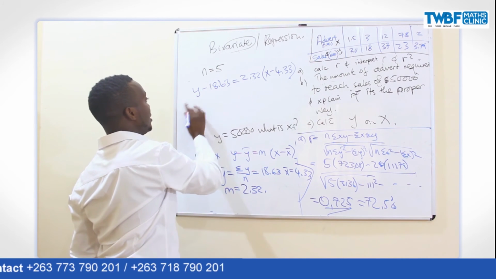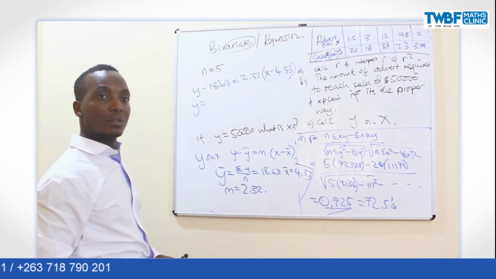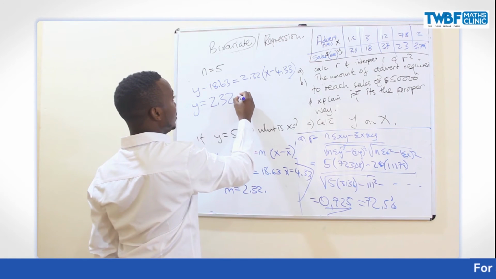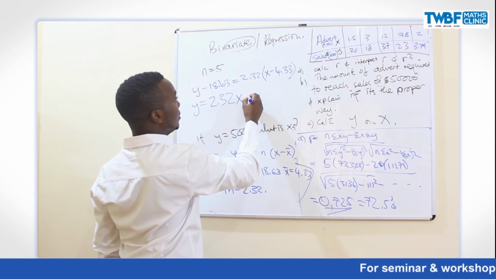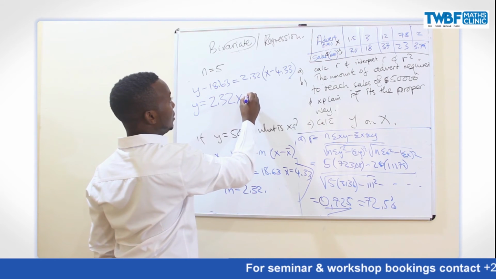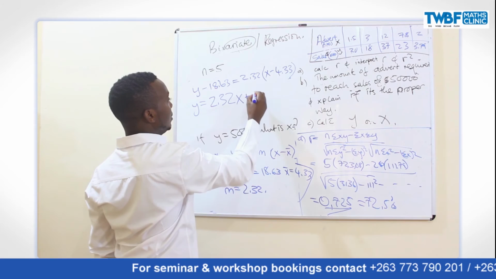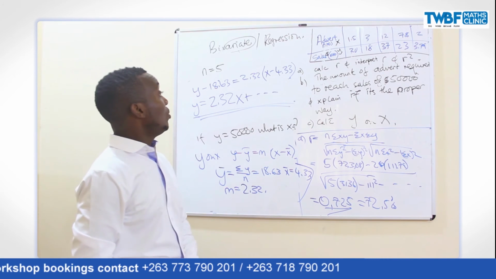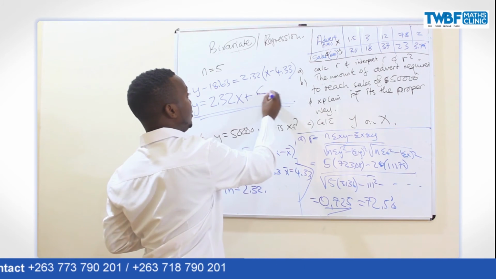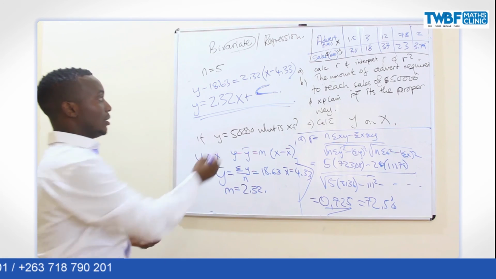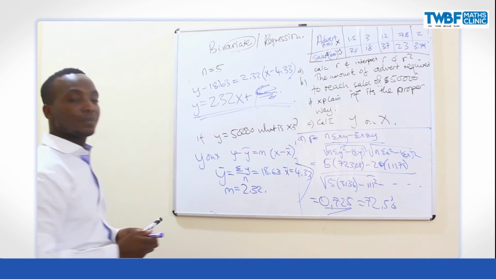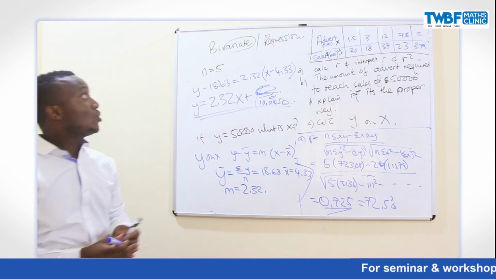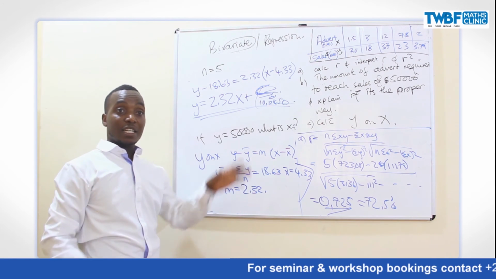If you simplify this, Y equals 2.32X plus some value, some C, or beta naught, which is 10.0456. It's okay. So now this is the regression equation.